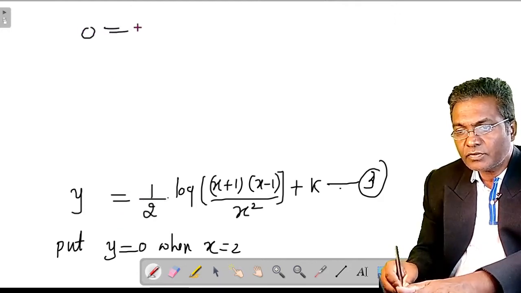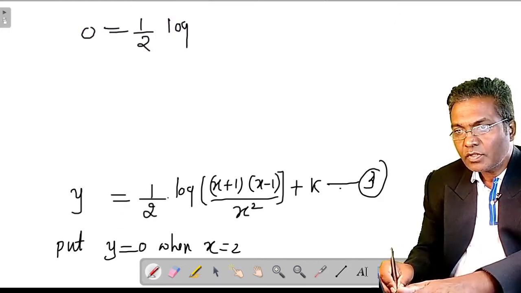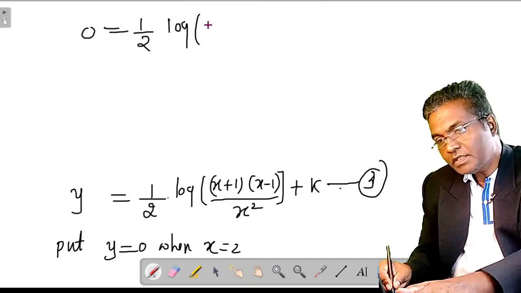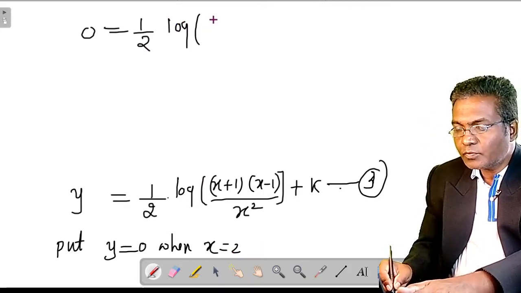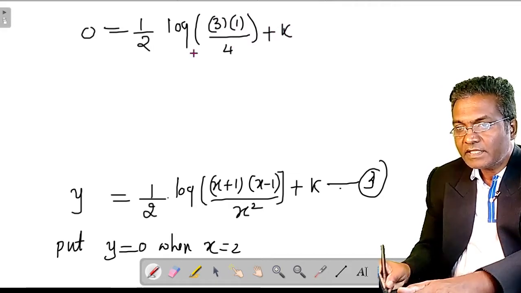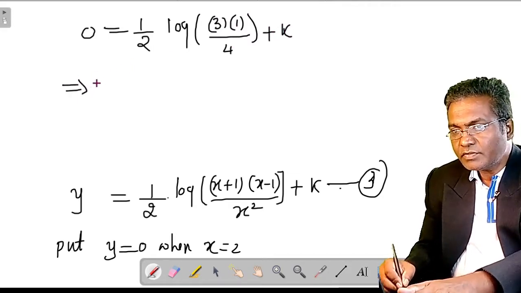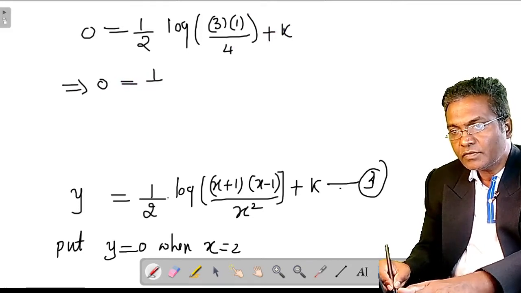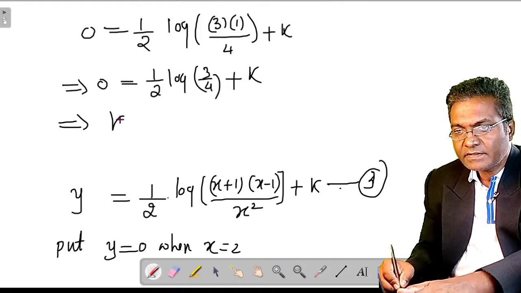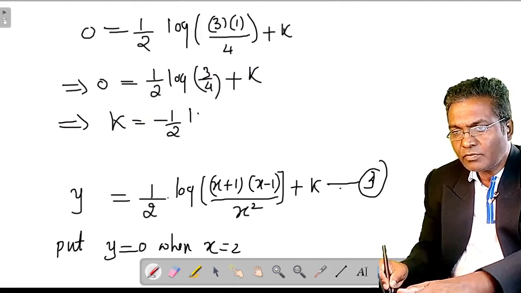So 0 is equal to 1 by 2 log of x as 2, you have to substitute. It is 2 plus 1 and 2 minus 1. So 2 plus 1 is 3, 2 minus 1 is 1, divided by 2 square is 4, plus k. So this gives you 0 is equal to 1 by 2 log of 3 by 4 plus k. So k is minus 1 by 2 log of 3 by 4.